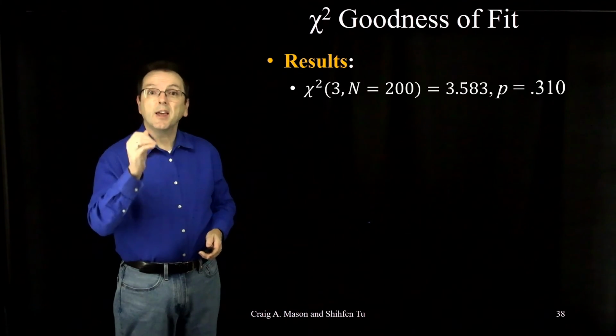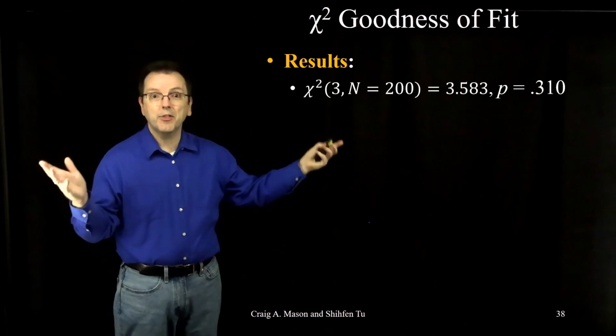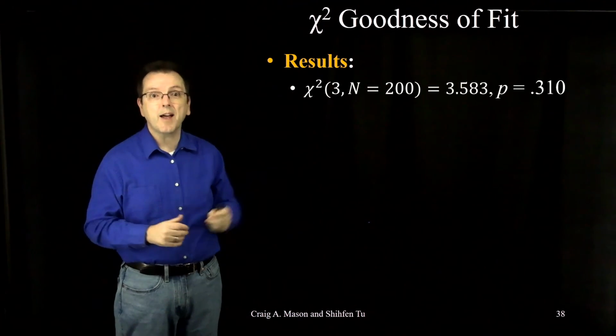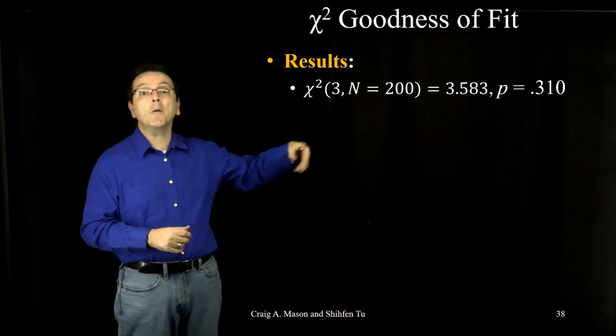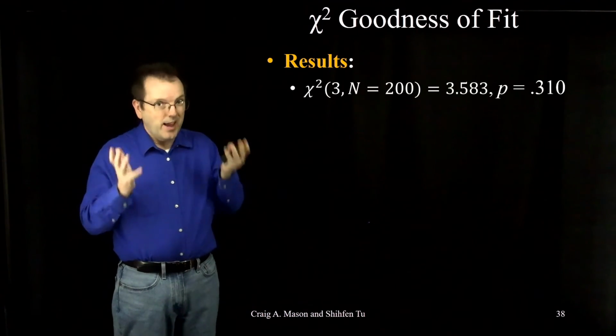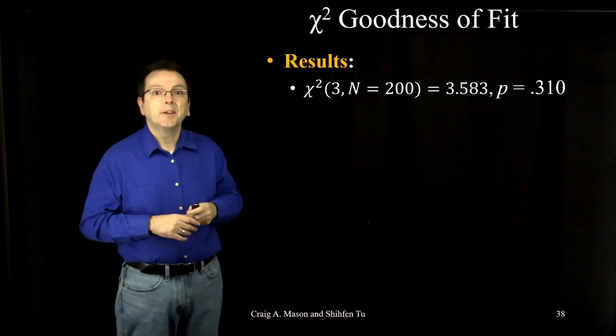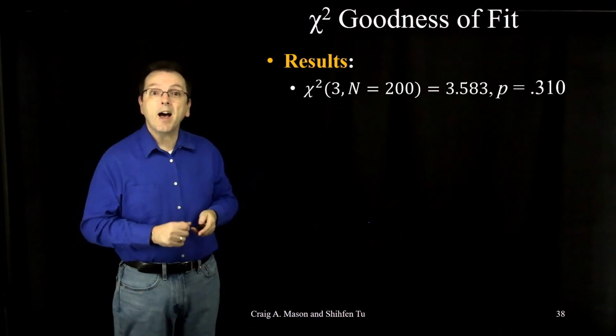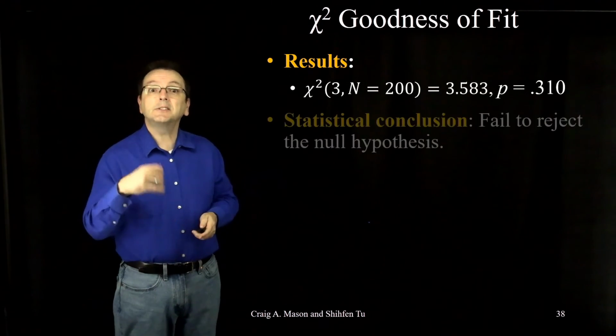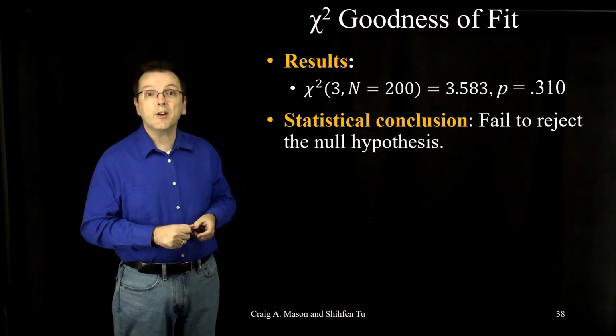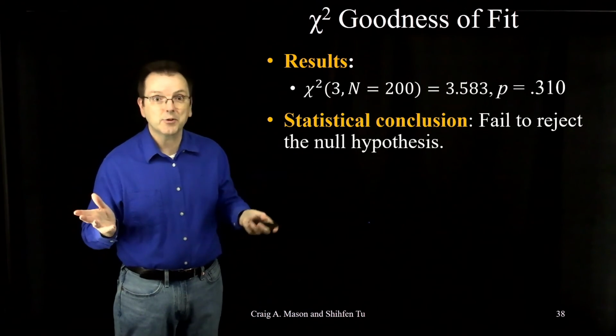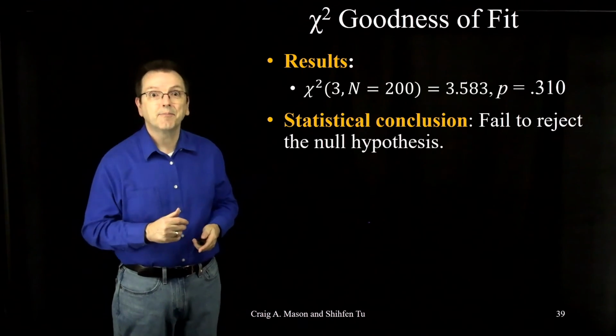In other words, if the null is true, again, 31% of the time, we would have got a result this extreme or more extreme. That's pretty common. Because p is greater than our alpha of 0.05, our statistical conclusion is therefore that we will fail to reject the null hypothesis.